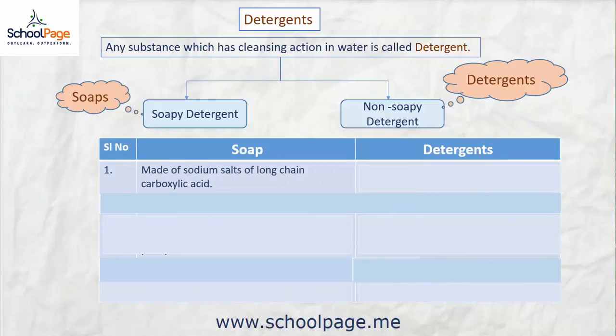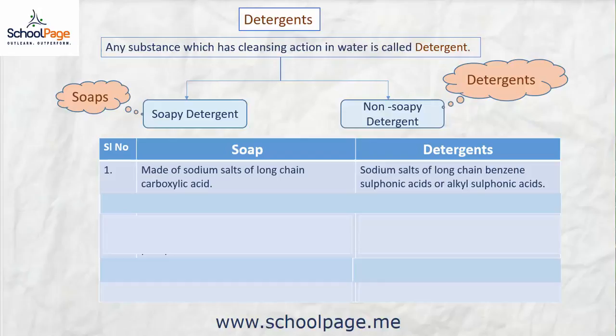Soap is made up of sodium salts of long chain carboxylic acids. Recall that in our previous video we learned that sodium salts are formed in the saponification reaction. These sodium salts are nothing but soaps, whereas detergents are sodium salts of long chain benzene sulfonic acids.